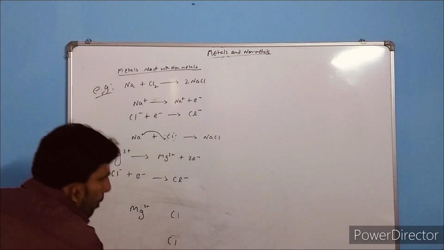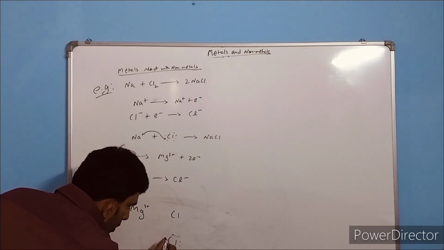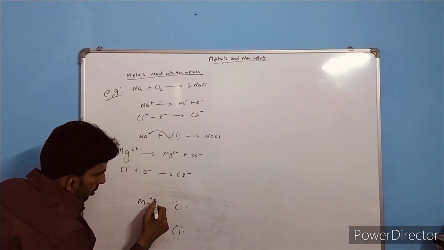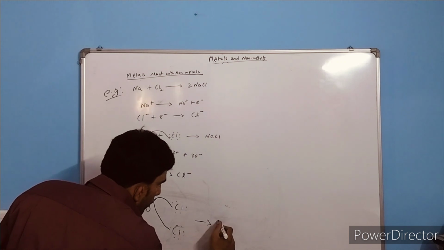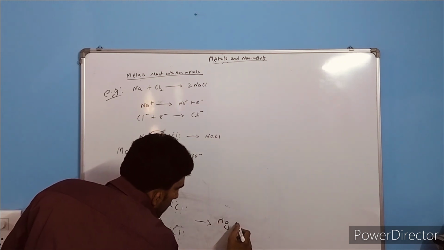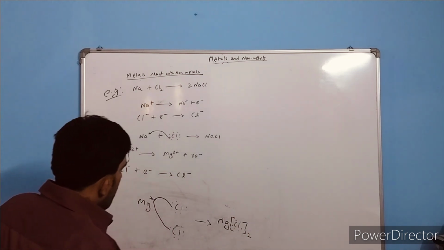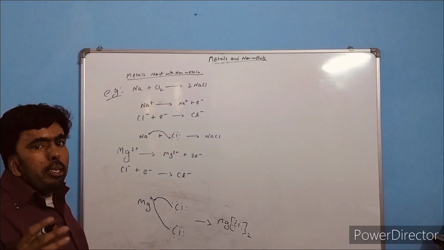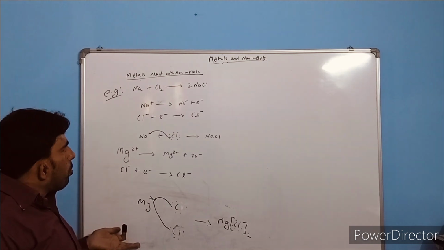If I show it by electron dot structure, here we have 2 electrons, so they will transfer to chlorine. So finally it will form MgCl2. Okay, that is how metal and non-metal react.